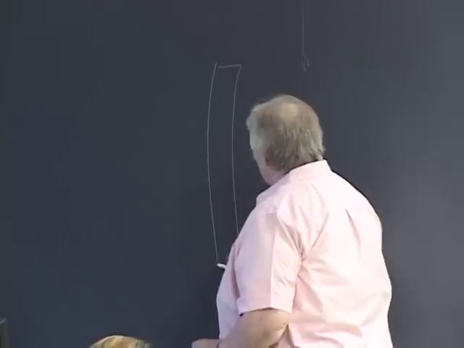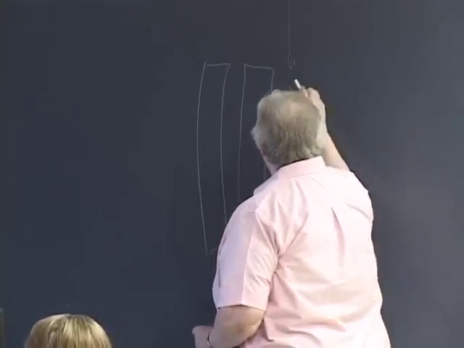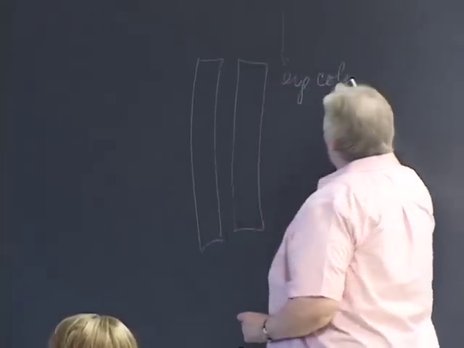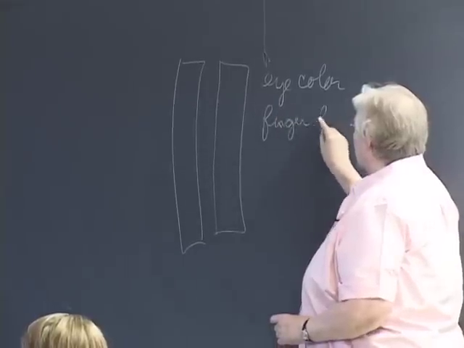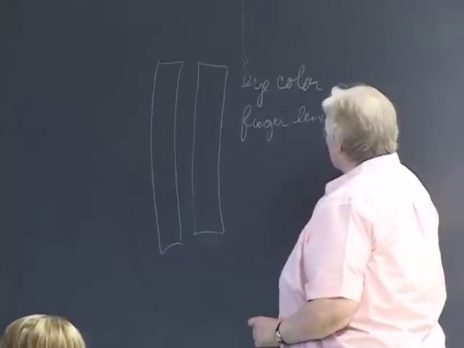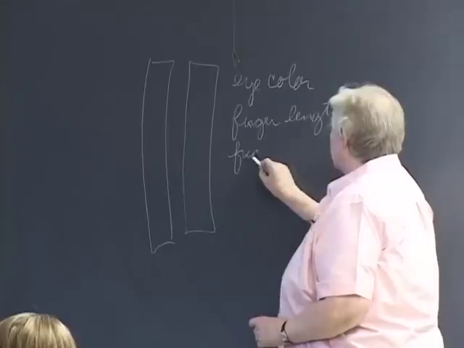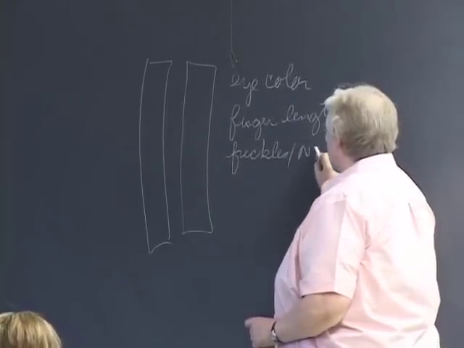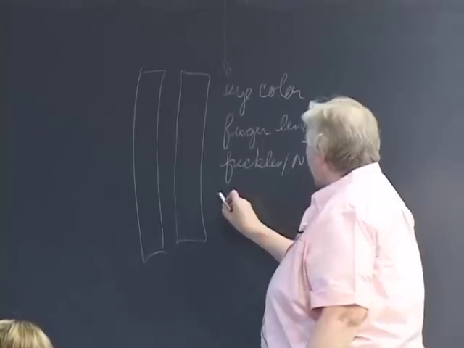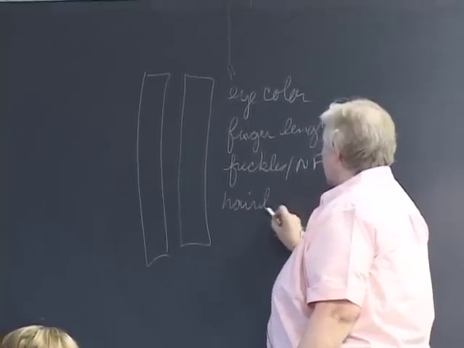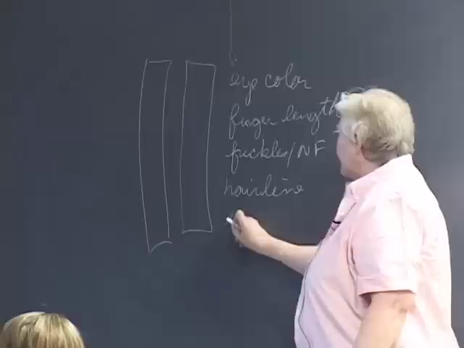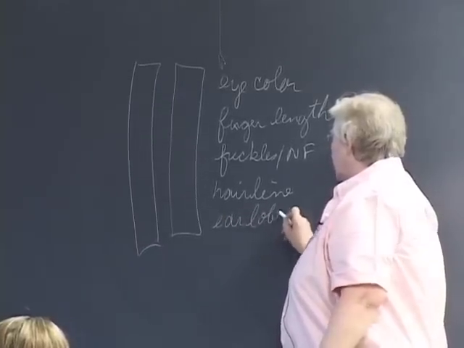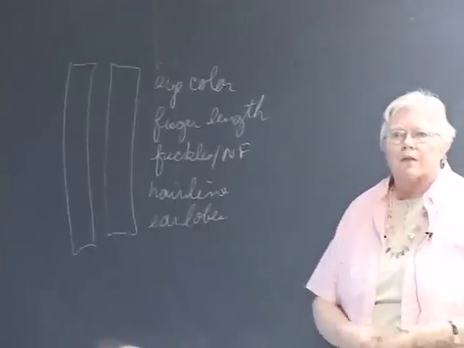So if this were a pair of chromosomes, we might have a pair that would have information about eye color, finger length, freckles or no freckles, hairline, whether your hairline is straight across or comes to a point, whether your earlobes are attached, and so on and so forth.